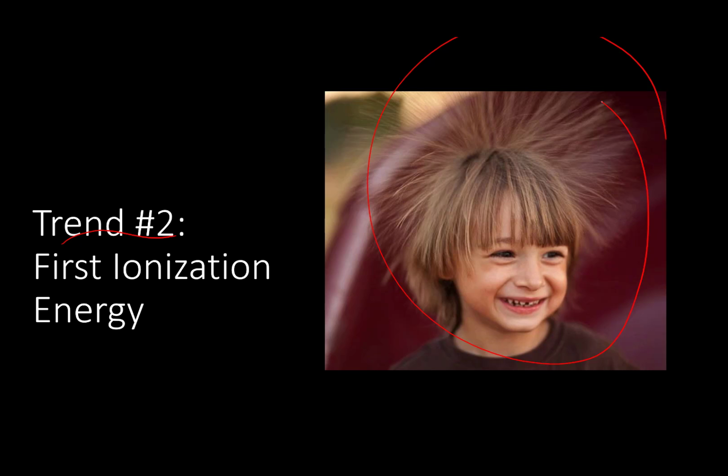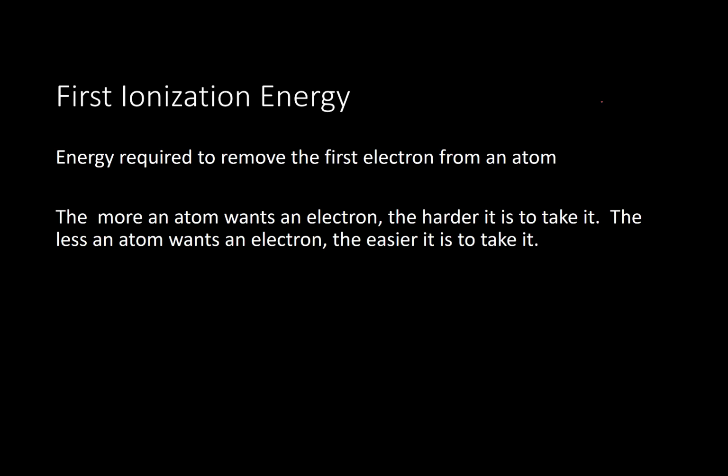So when we're talking about first ionization energy, here's the key definition. First ionization energy is the energy required to remove the first electron from an atom. So here's how you want to think about this. The more an atom wants an electron, the harder it is to take it.